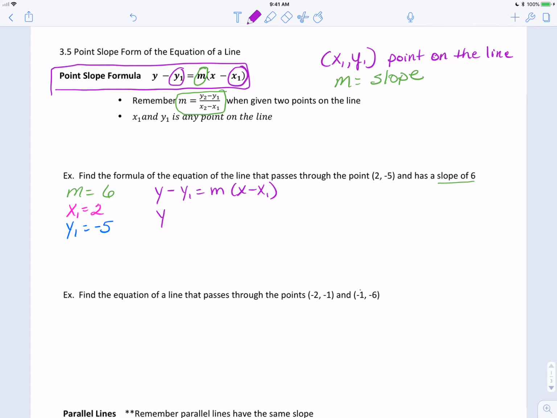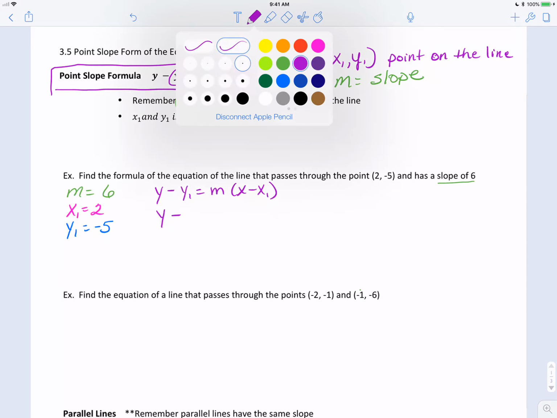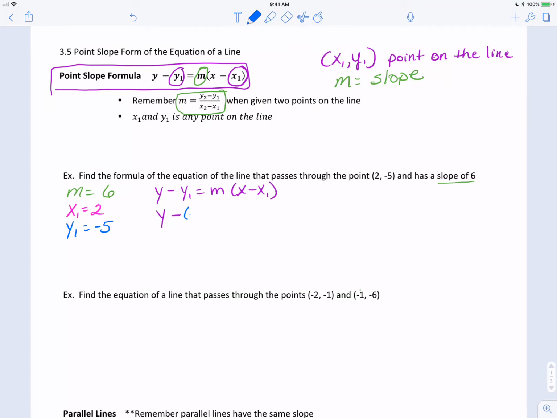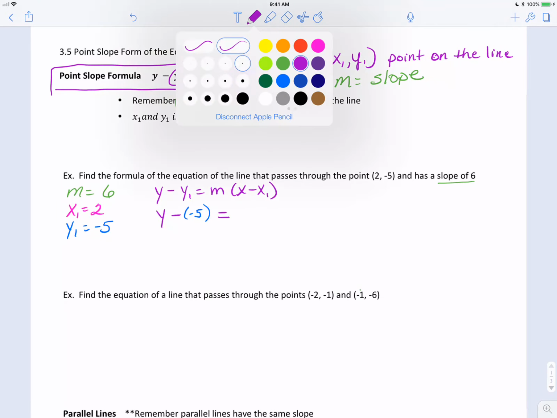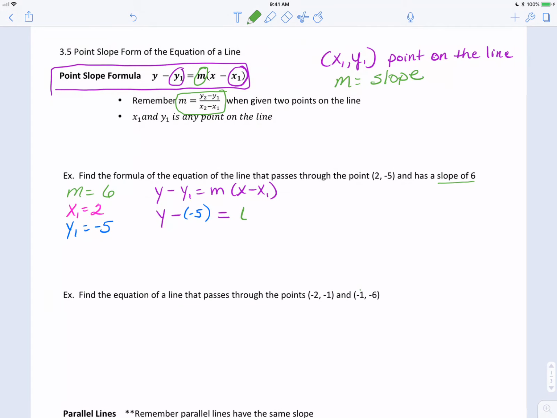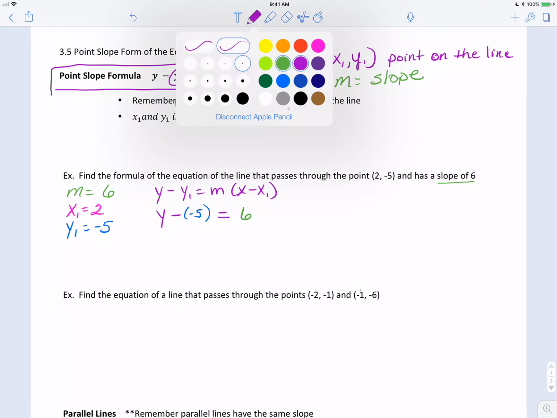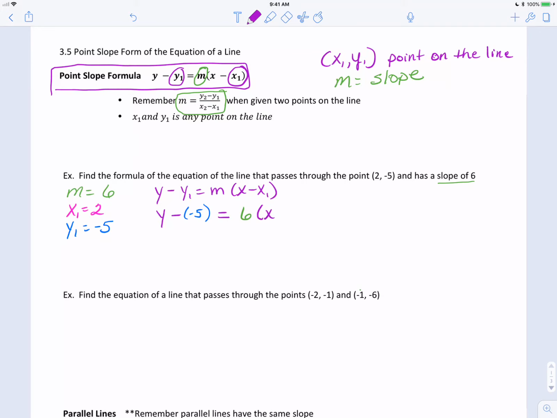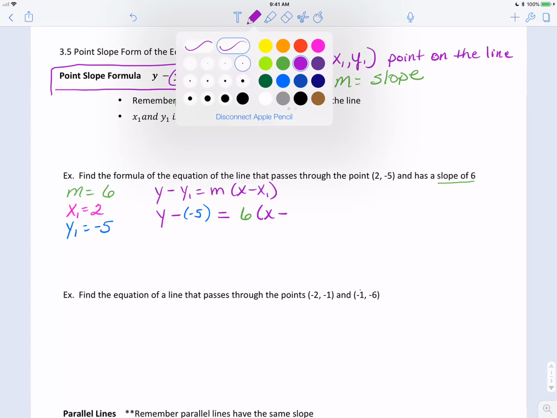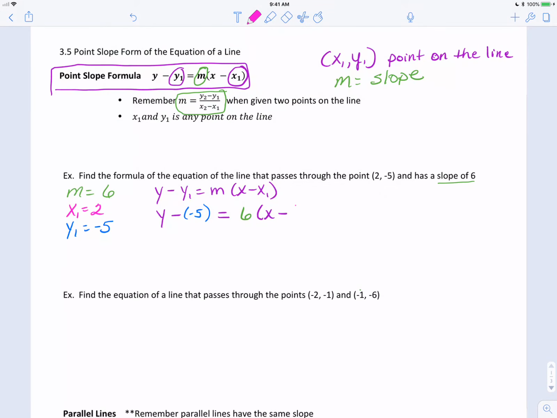So we have y minus our y1, which is -5, equal to m, which is 6 in this case, times x minus x1, which is 2.